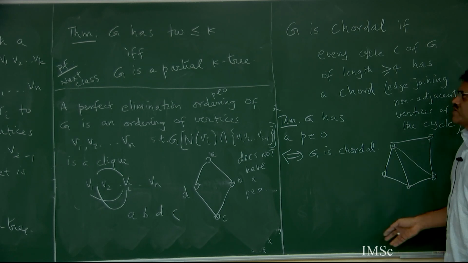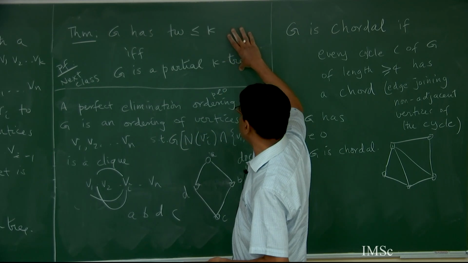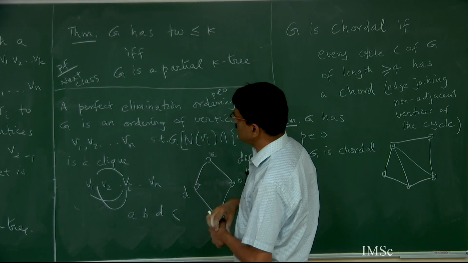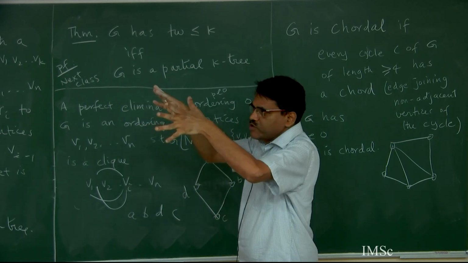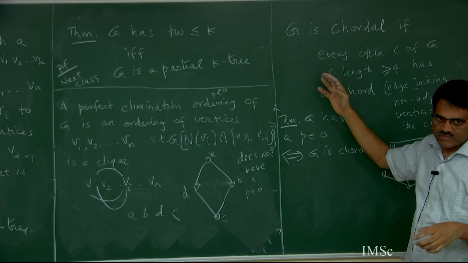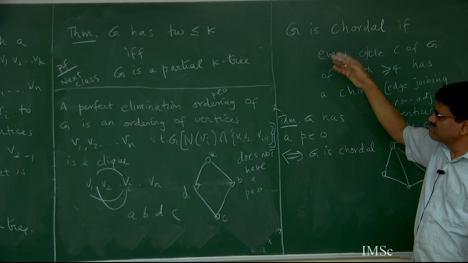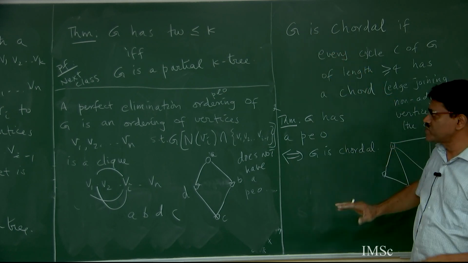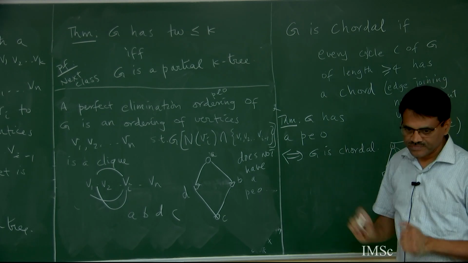And then we will show that if you have a partial k-tree, then it is actually a subgraph of a chordal graph. Then we will use the perfect elimination ordering and design a tree decomposition. That is one direction. The other direction is not very hard. So we will get to all of this and important use of perfect elimination ordering next time.